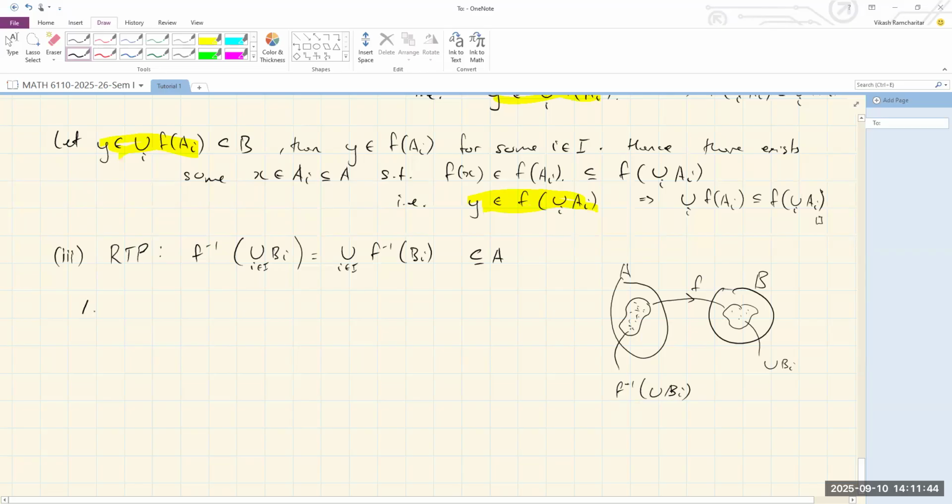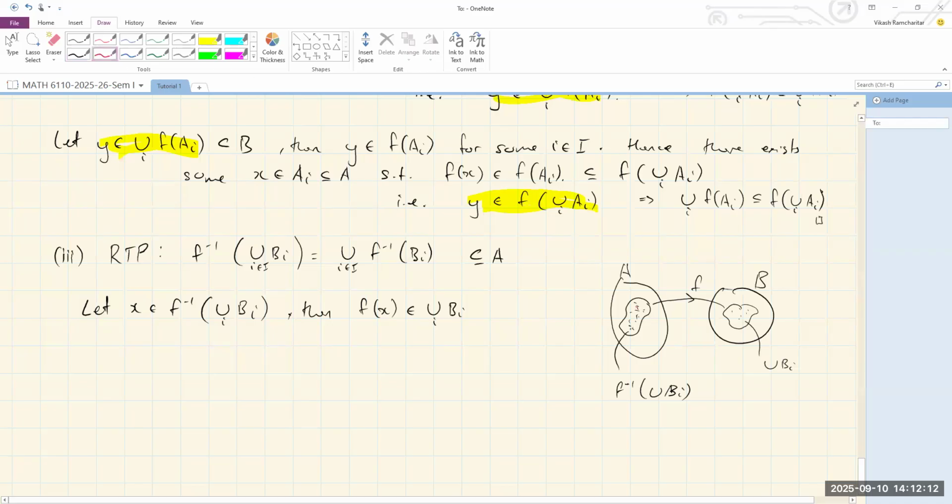So I could say let x belong to the set f inverse of the union over i of the Bi's. Okay, so if x is in this pre-image, then by definition, when I apply f to x, this element will belong to the union of the Bi's.